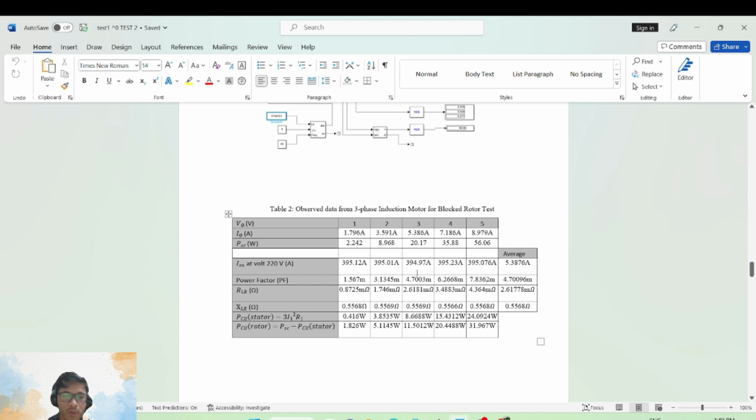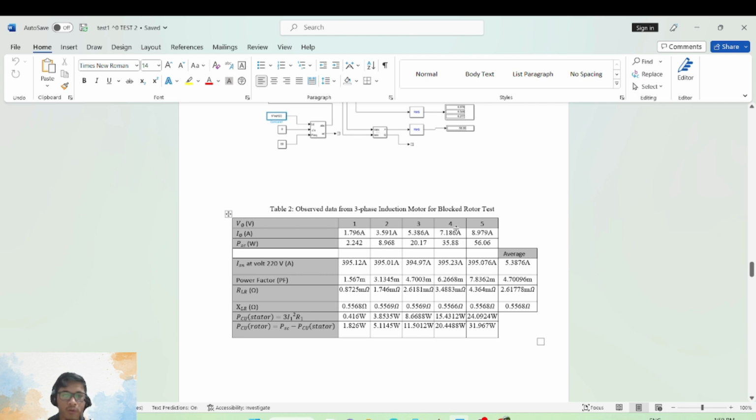For the power factor we get 4.003 milli, for the RLR 2.6181 milliohm, and for the XLR 0.5569 ohm. For the PCU stator we get 8.6688 watt, and for the PCU motor 11.5012 watt.